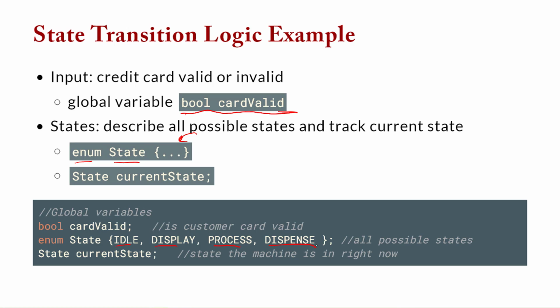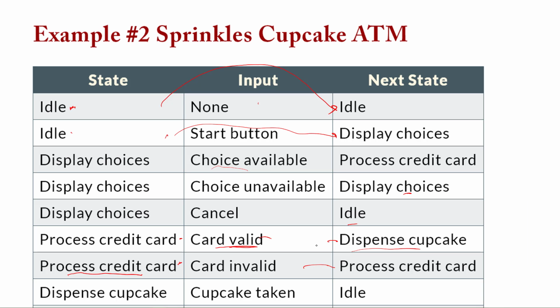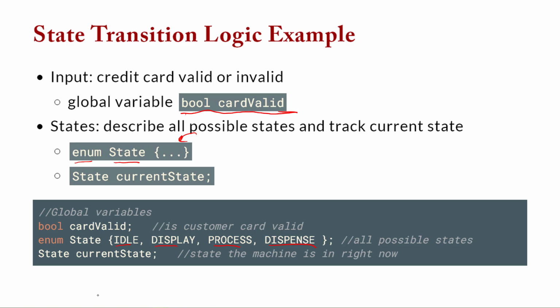And if we look back here, we see that those are basically the states we just described: idle, display, process, and dispense. Okay, those are our states. Then we build a variable called current state. So that's part two. If this is 1, this is 2, right? So here's 1, and here's 2.